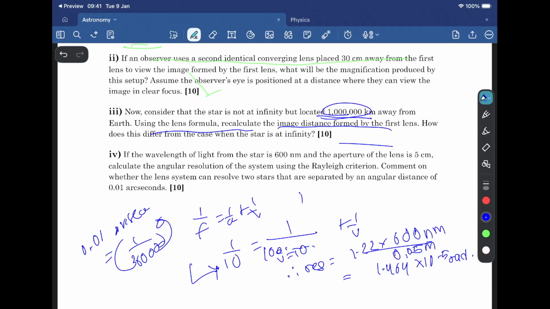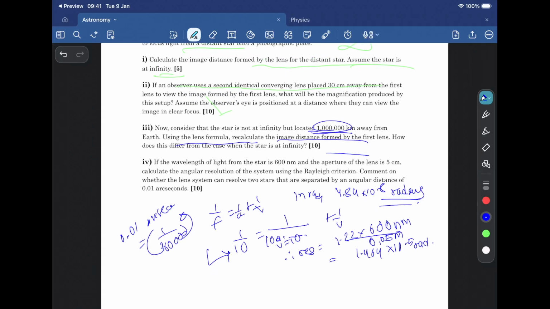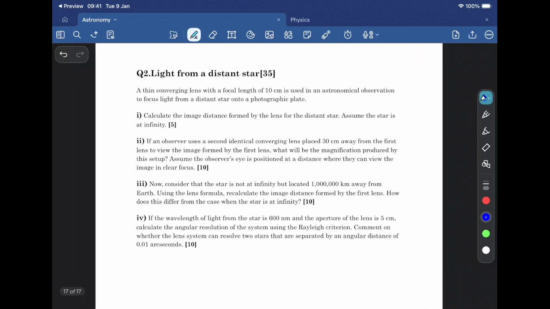So in radians, the two stars are separated by 4.84 times 10 to the power minus 8 radians. Easy one.